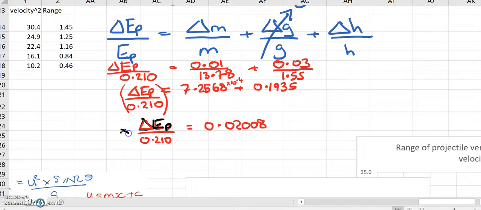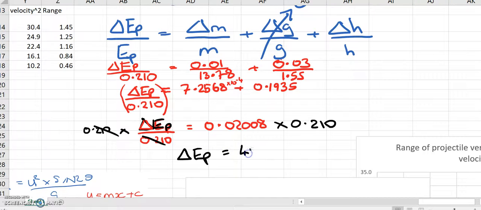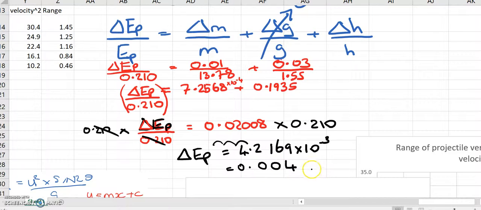So I need to multiply this side by 0.210 to cancel that out, which means I multiply that by 0.210, which gives me an absolute uncertainty in the potential energy of 4.2169 by 10 to the minus 3, or 0.004.